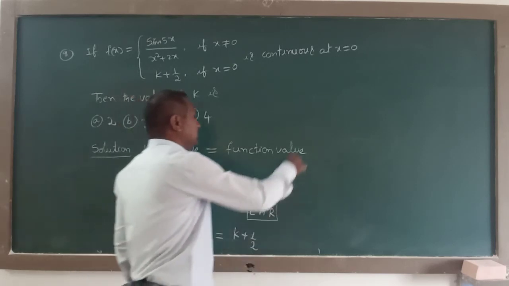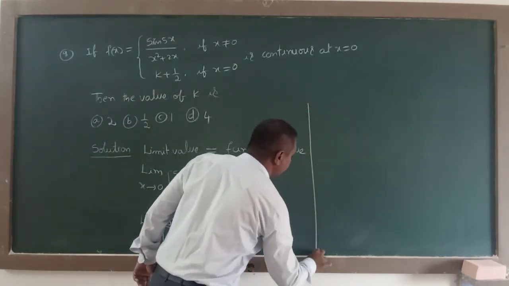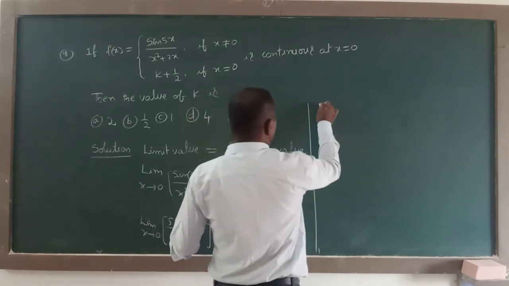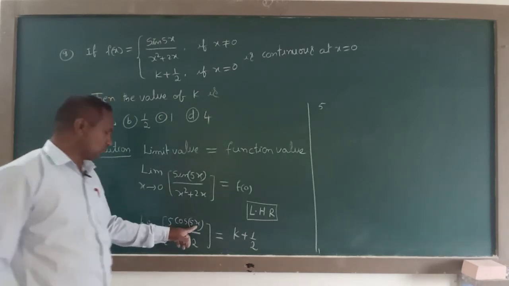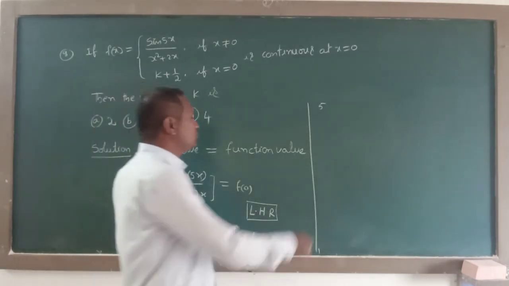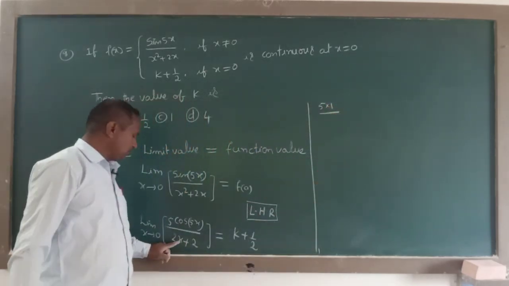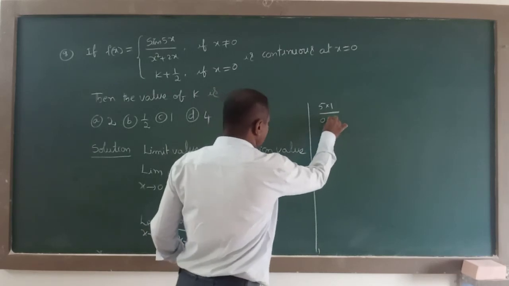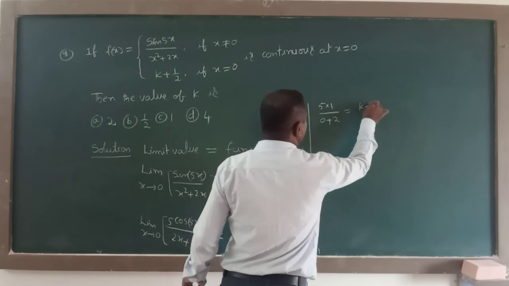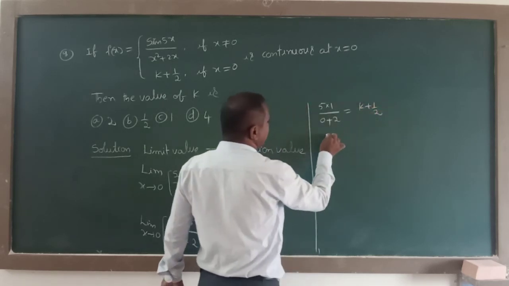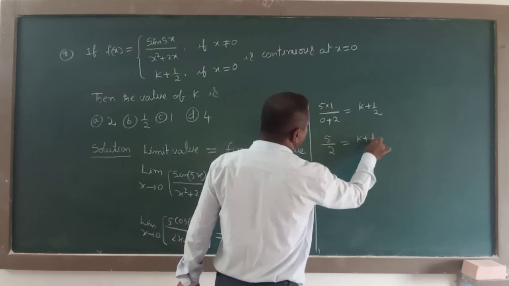Then apply x value 0: 5 into cos 0, and cos 0 becomes 1, divided by 2 into 0 plus 2, is equal to k plus 1 by 2.